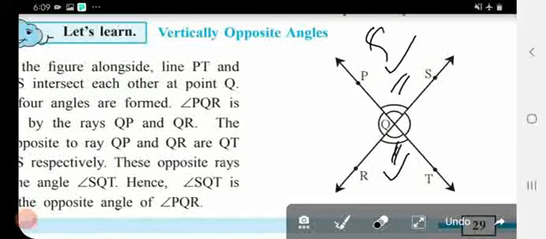Suppose this is 50 degrees, then this is also 50 degrees. Next is PQR and SQT; they are also of equal measure. So vertically opposite angles are always of equal measure. This is the property of vertically opposite angles.